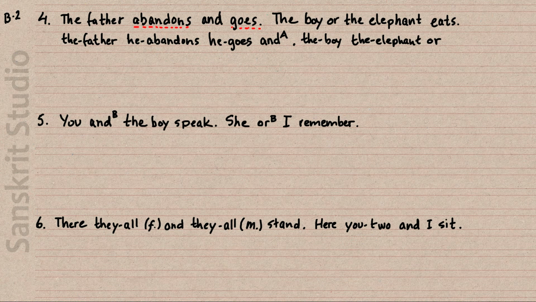Okay, and then in the second sentence here, we have nouns that are connecting. So "or" connects nouns, but the "and" connects verbs. But both of them are syntax A, nevertheless.